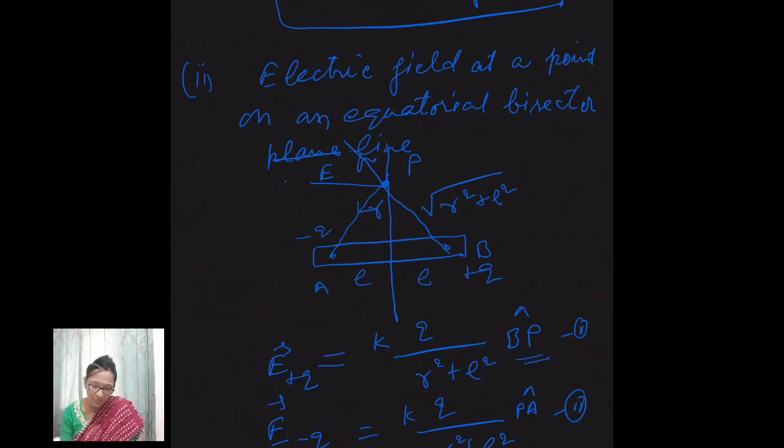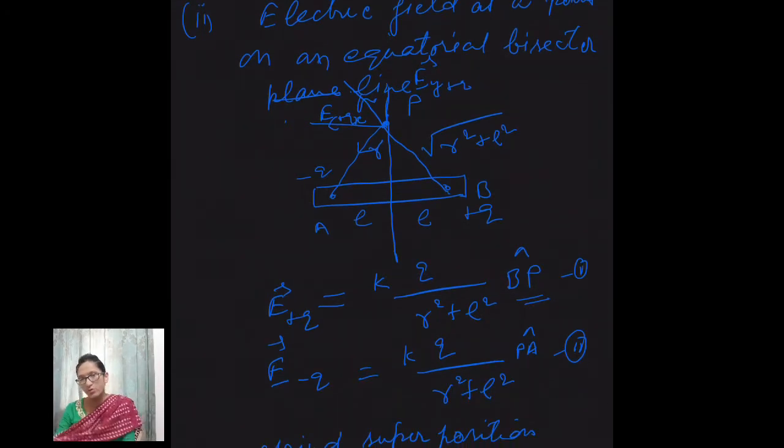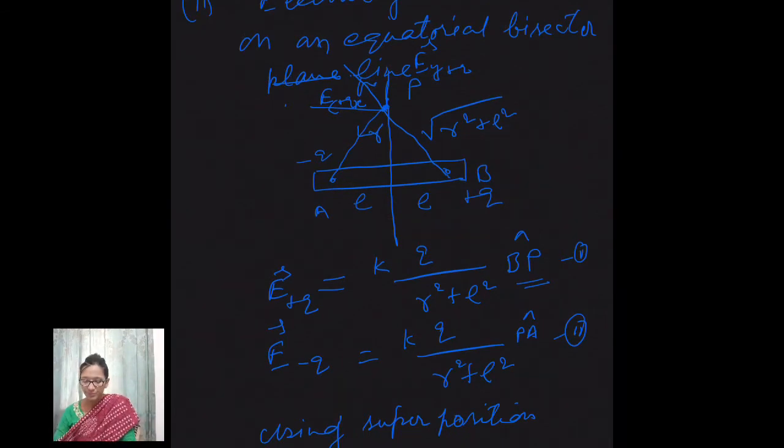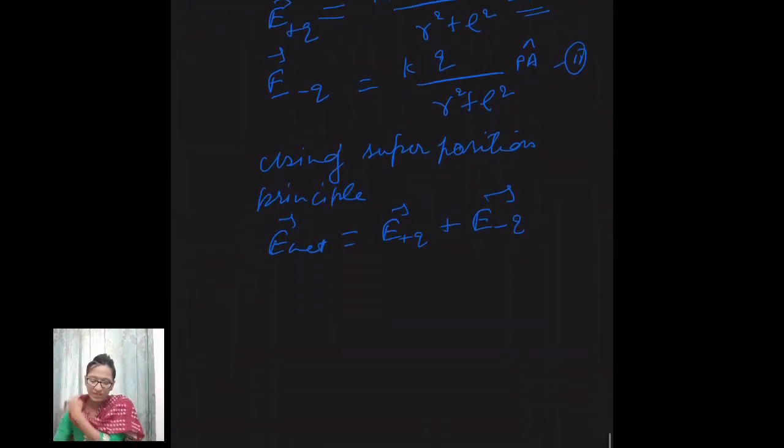And electric field due to positive charge will have one component along perpendicular direction. So this is your x component, and this is your y component due to positive charge. So I have resolved electric field due to positive charge into two components.